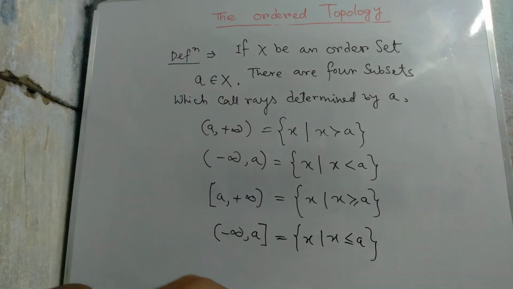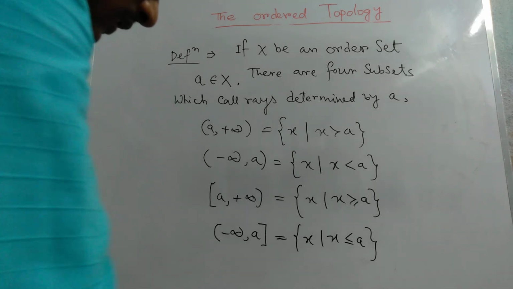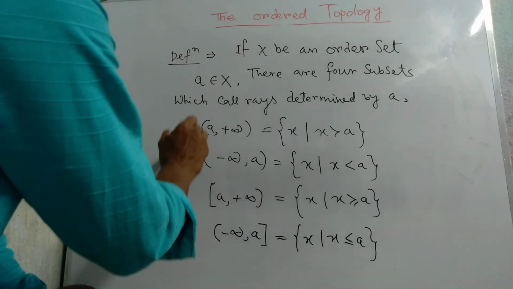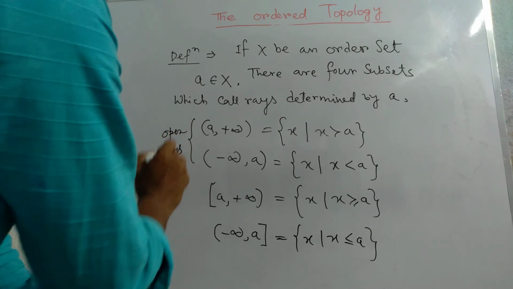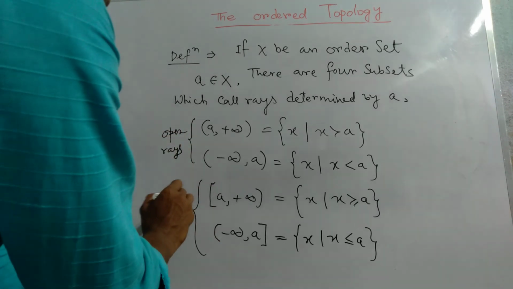In this way we define 4 rays, and the first 2 are open rays, the next are closed rays.